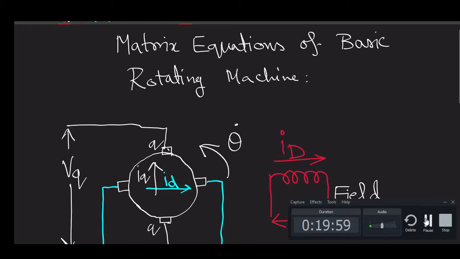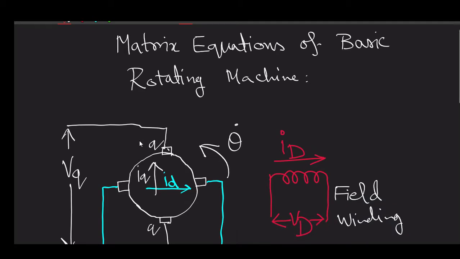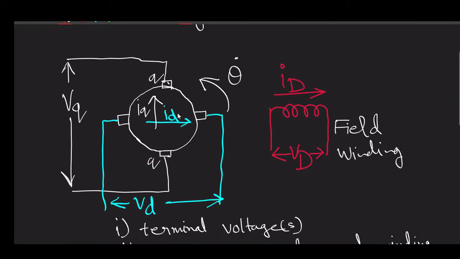So this voltage, if you see using your Fleming's right hand rule, this is the direction of your thumb, right?